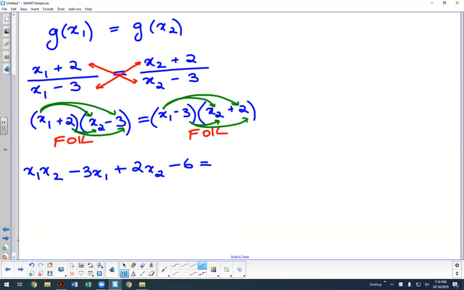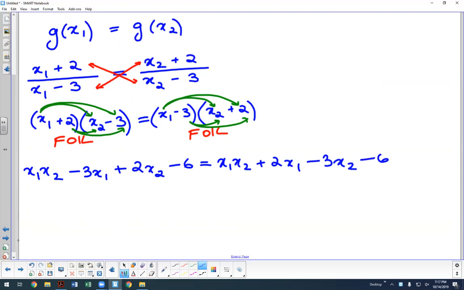What do we have on the right hand side? x1 times x2, right? Same thing, x1 times positive 2, negative 3 times x2, and then same thing, negative 3 times positive 2 is negative 6.